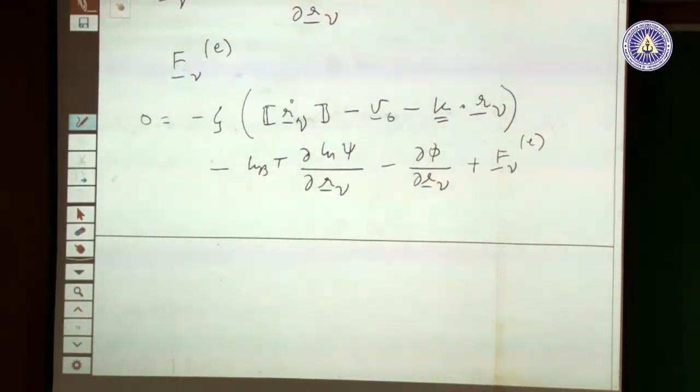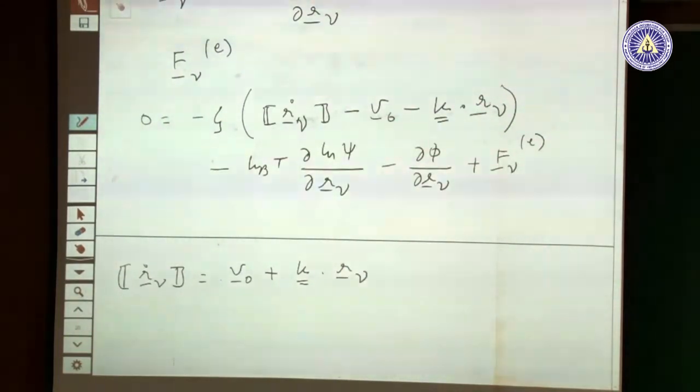And now, I can rearrange it to solve just for r dot nu. So, imagine I have just taken r dot nu over to the left hand side. Then what will I get? R dot nu is V 0 plus kappa dotted with R nu, and then I have to divide by zeta throughout.